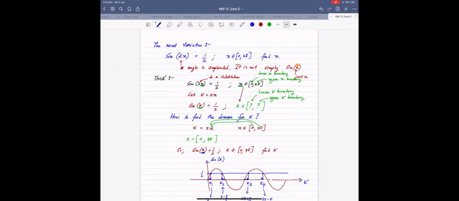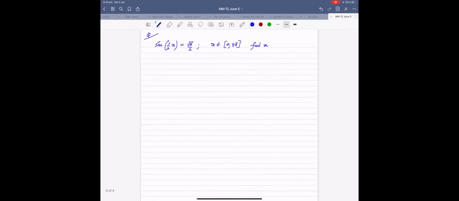Sine pi over 6 is half, not square root 3 divided by 2. Oh, no, I said pi over 6, not 5 pi over 6. Yeah, pi over 6. Sine pi over 6 is half. But the question is giving you square root 3 divided by 2, which is pi over 3.